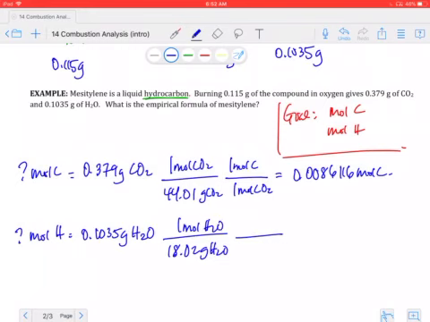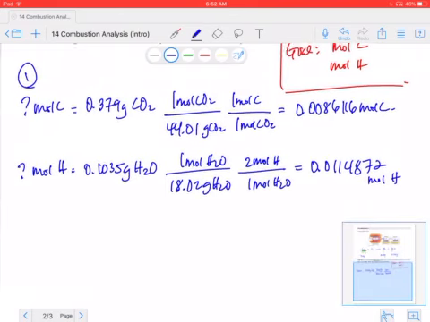This last step is actually more important than in the previous one. For every 1 mole of water, we have 2 moles of hydrogen. So we need to make sure and double that last piece there. So we plug this into our calculators. We get this many moles of hydrogen. Okay, that's the first step in any empirical formula problem.